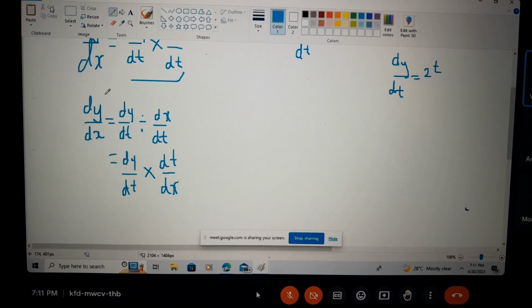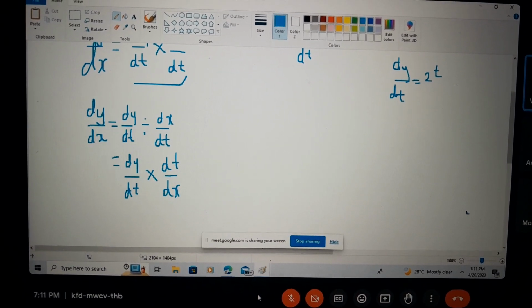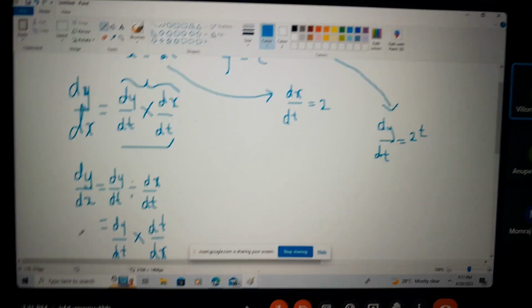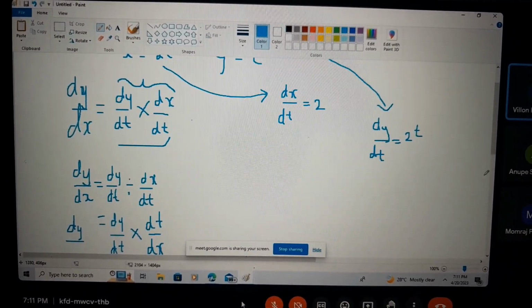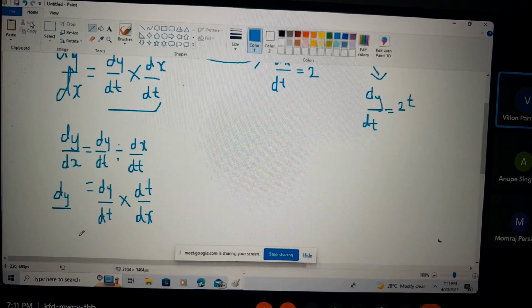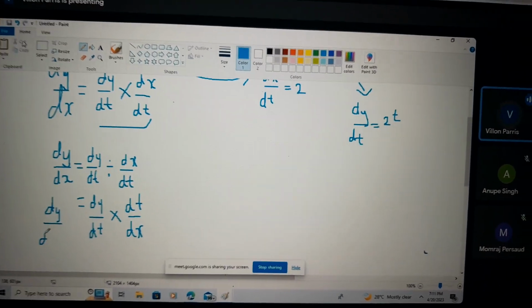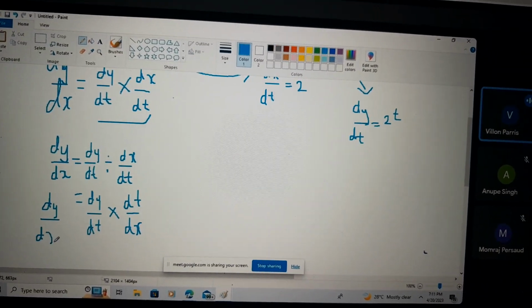So when we're dealing with parametric equations, this is what we have to do. It's a bit different from the chain rule. Instead of multiplying, we're actually dividing.